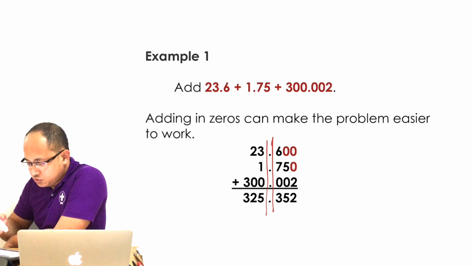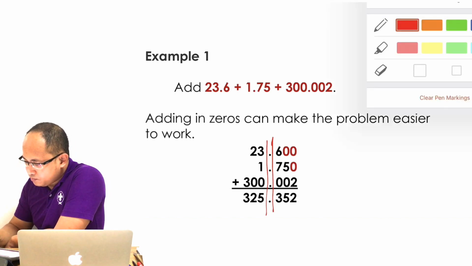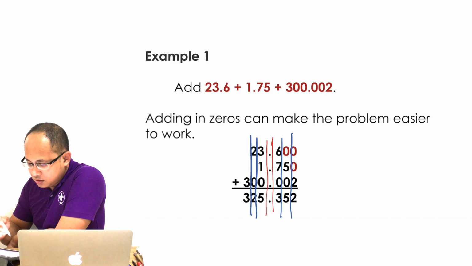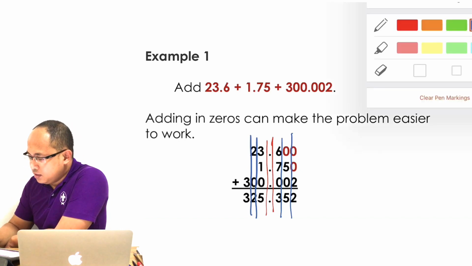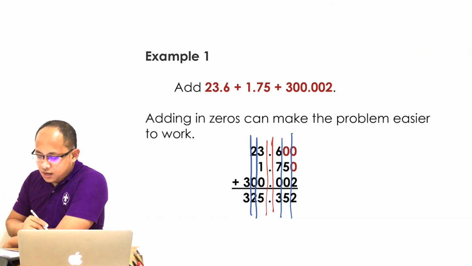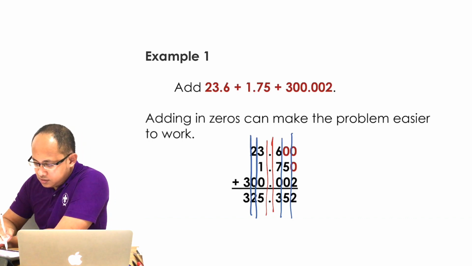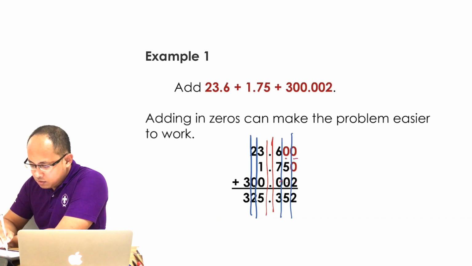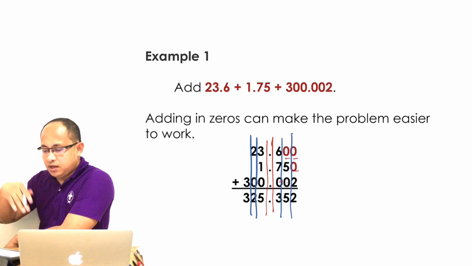Line it up. So it means to say the numbers to your right are aligned. After that, notice 0.6. The highest number of values that you have to your right is 3 values. So 1, 2, 3. Therefore, every missing part there, you add 0 so that it would be complete.